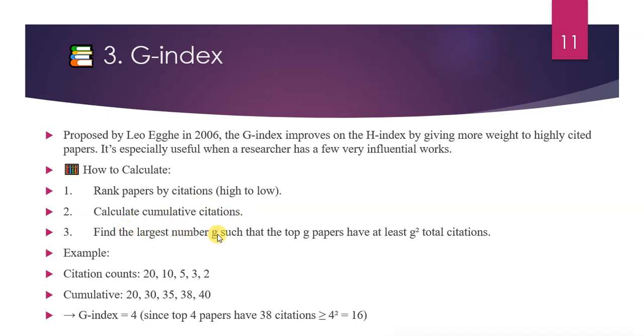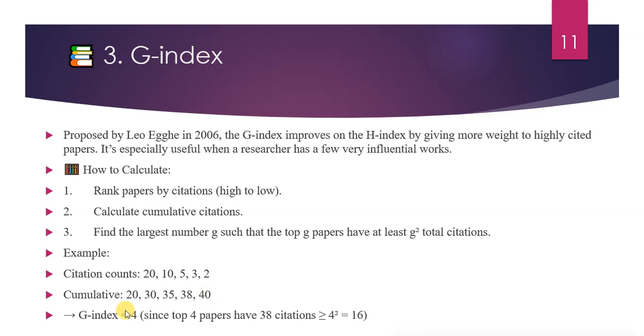Find the largest number G such that the top G papers have at least G squared total citations. Example: suppose the citation counts are 20, 10, 5, 3, 2. The cumulative will be 20, 30, 35, 38, and 40.